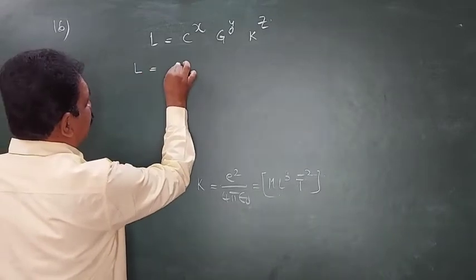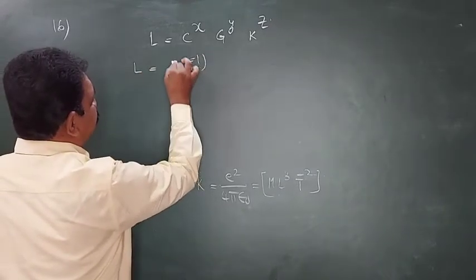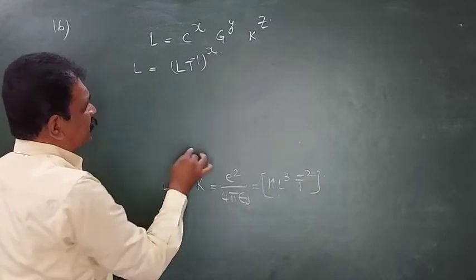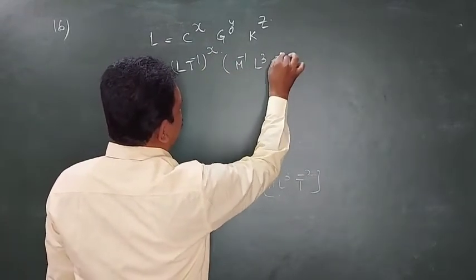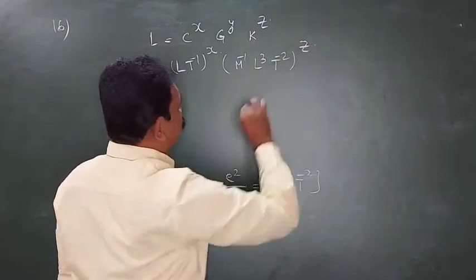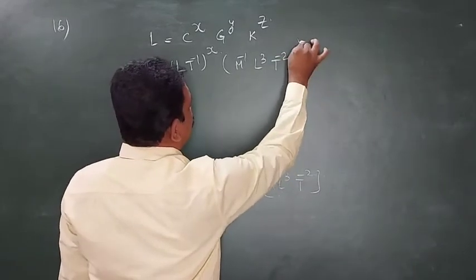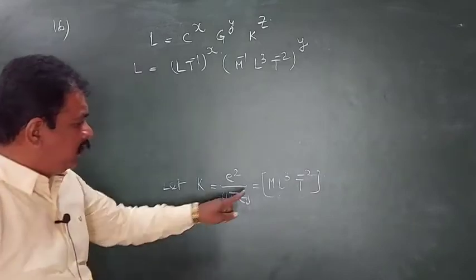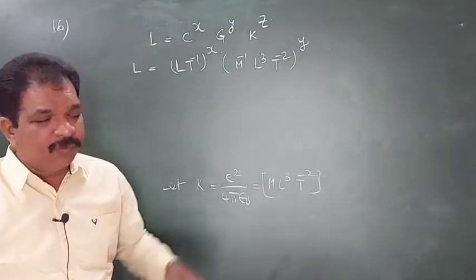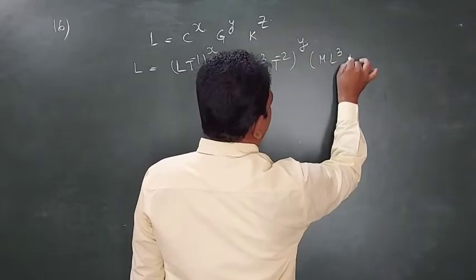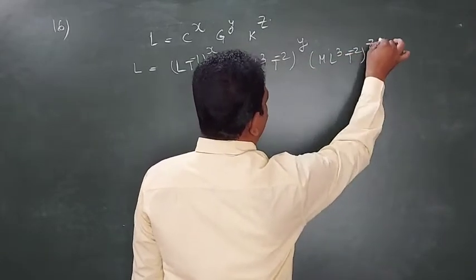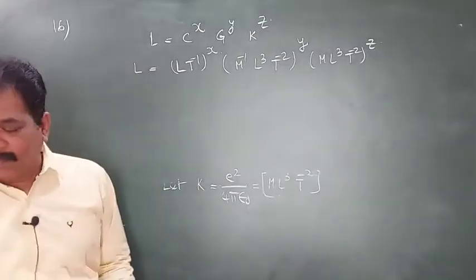This is L. This is L T power minus 1 power X. G value M power minus 1 L cube T power minus 2 power Y. And K value is M L cube T power minus 2, so M L cube T power minus 2 power Z.